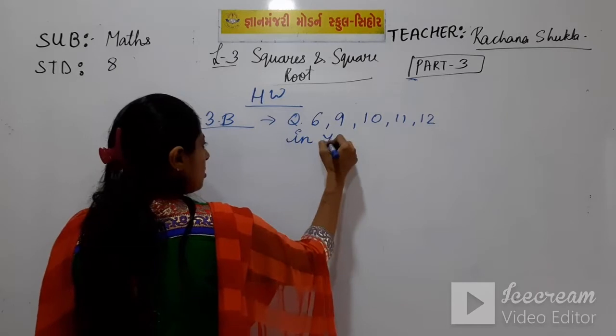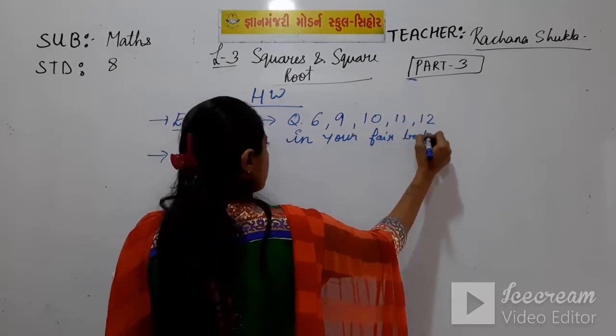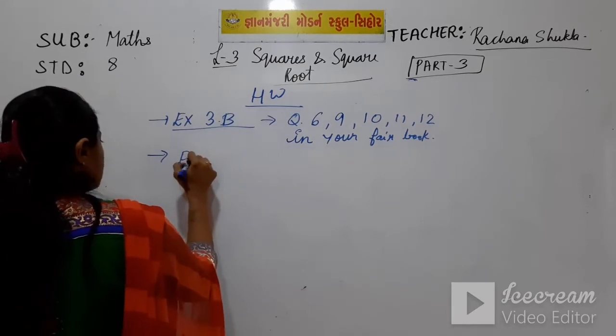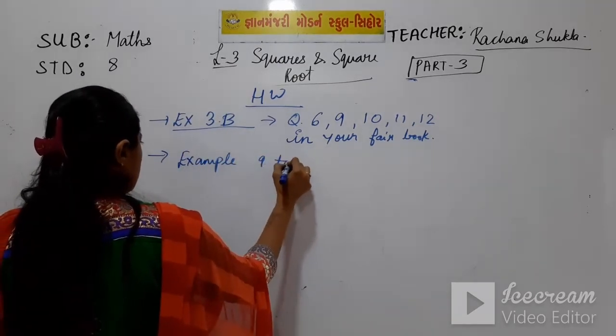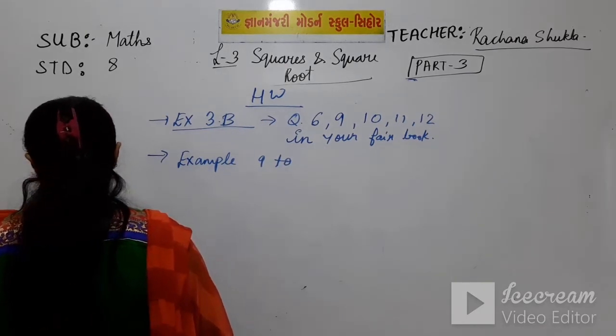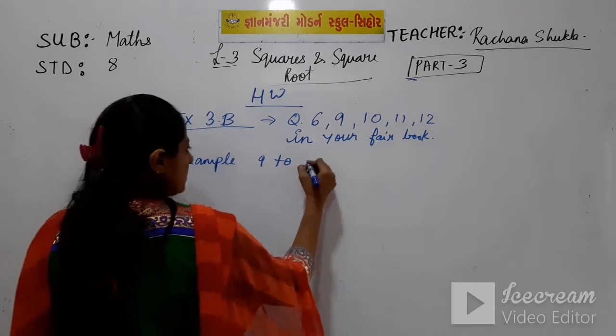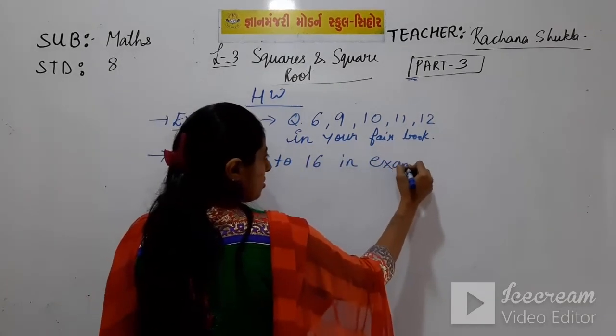This is in your fair book. Then examples 9 to 16 in your example book.